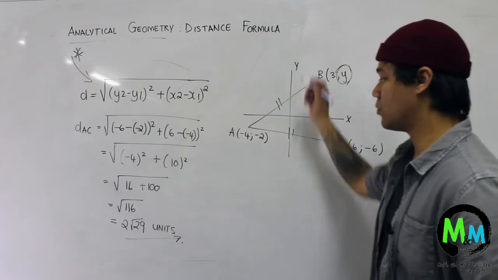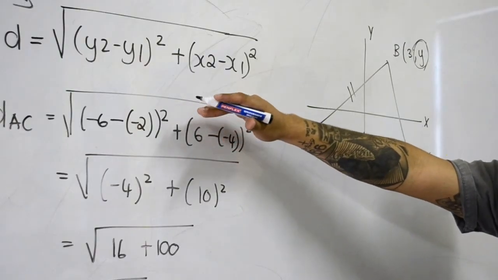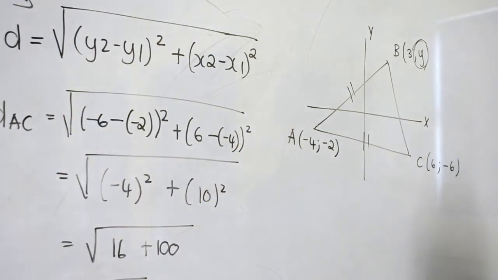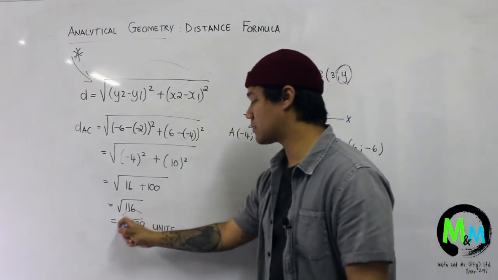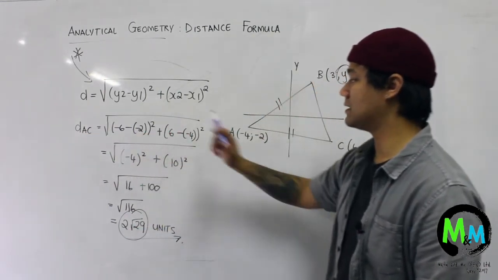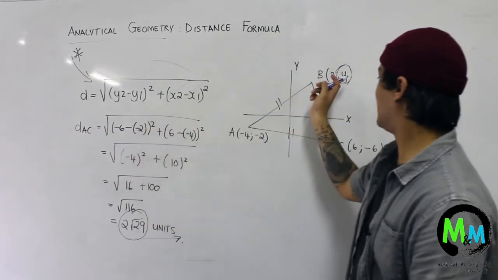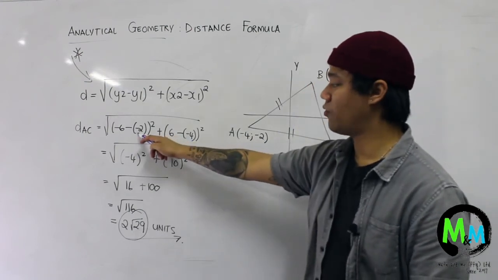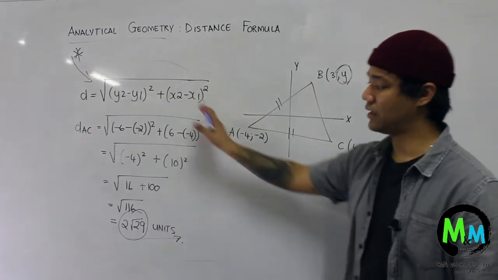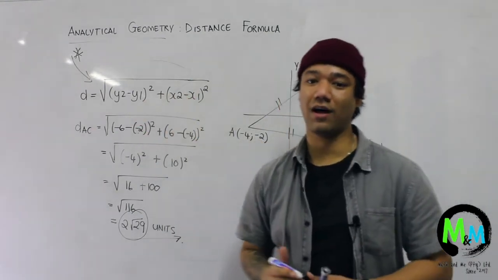How would we do that? We would just plug the same values into my distance formula, obviously then just making it AB, and in this case we know what my distance is. It's 2 root 29. So we'll plug that in, plug in A's 2 coordinates, plug in B's y value as a variable, and then we'll have its x value, right? So then we can just solve for that y variable.